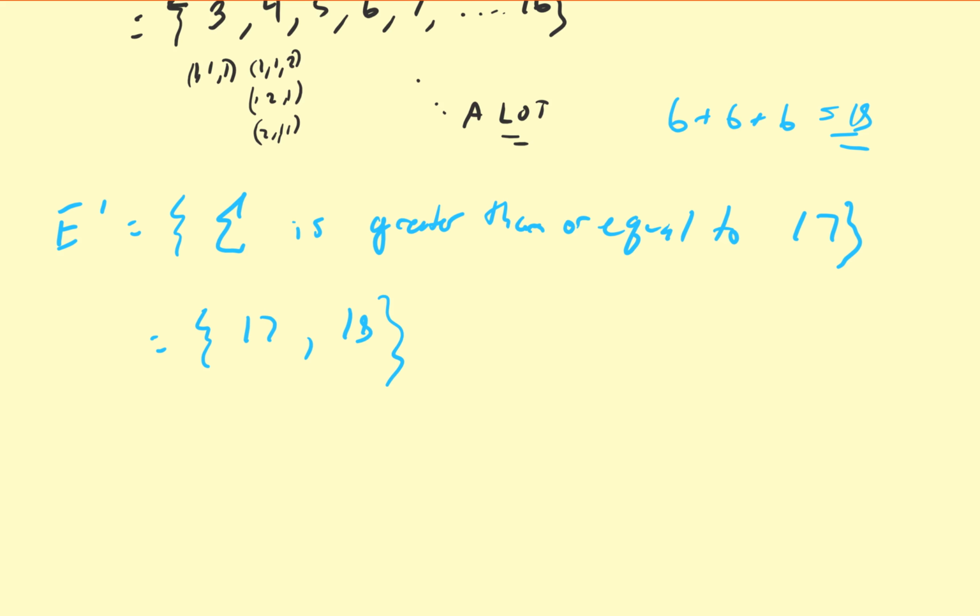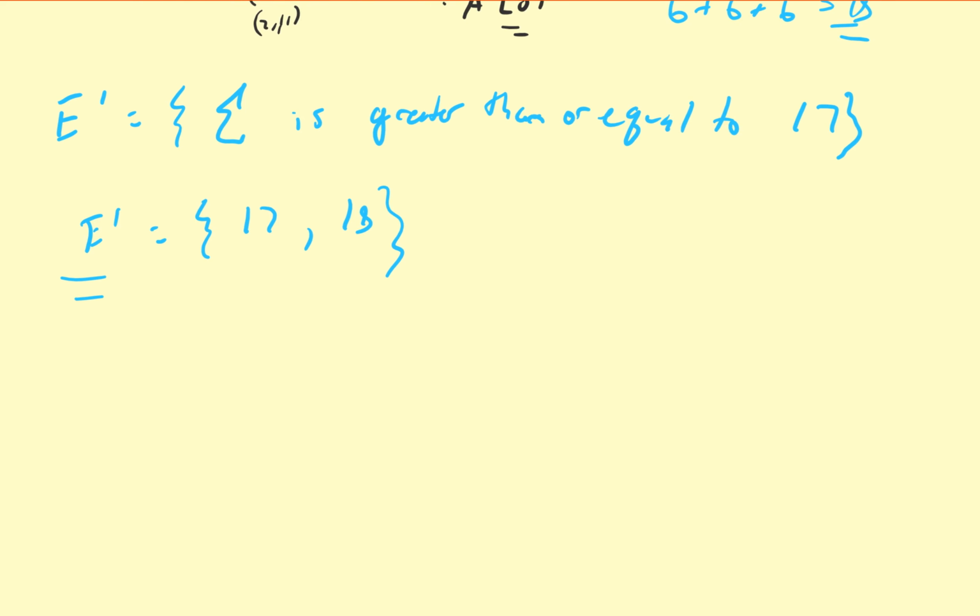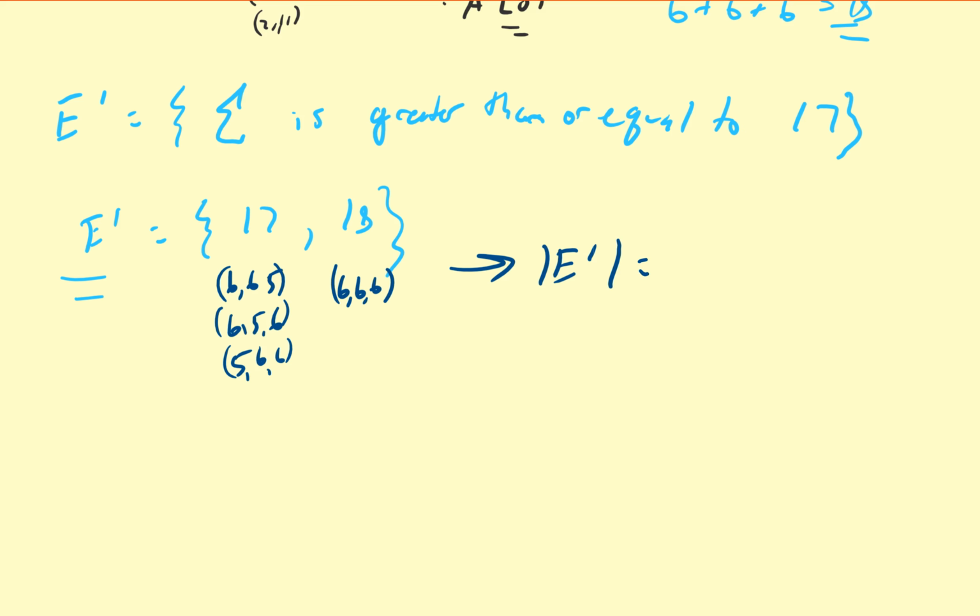So these are the only possible outcomes in the complement of E. How can we get a sum of 18? Well, 666 is the only value you could have. You could have 665, 656, or 566 in order to get a sum of 17. So there are only 4 possible outcomes here. So the size of the complement of E is equal to 4.